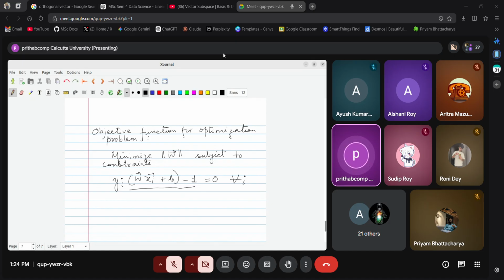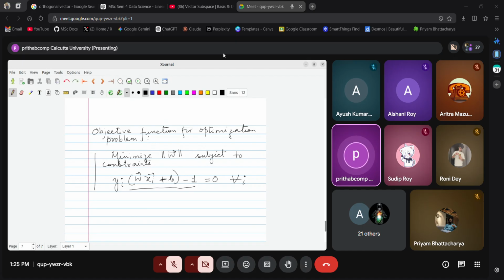Now the boundaries are going to be defined by one of the points in the data set. So that is why you are having this xi. And you remember that this plus b is like the distance which is going beyond that decision boundary, right?